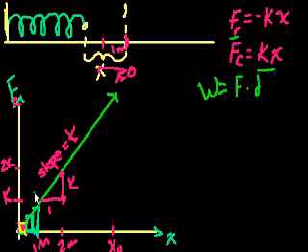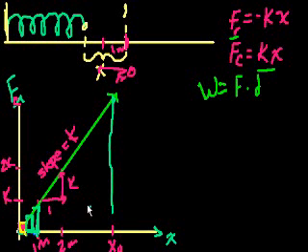And actually, I'm touching on integral calculus right now. But if you don't know integral calculus, don't worry about it. The bottom line is the work we're doing is just going to be the area under this line. So the work I'm doing to displace the spring x meters is the area from here to here.